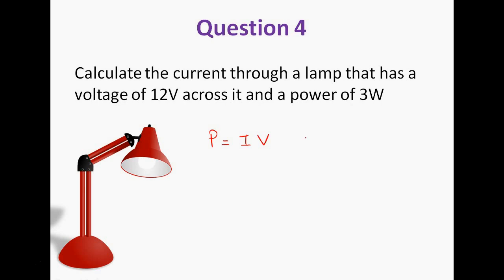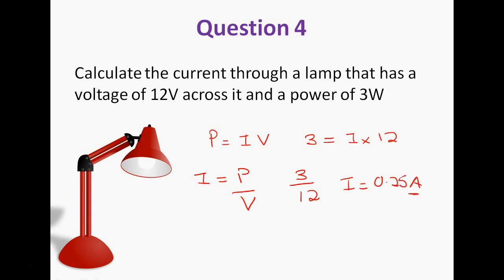So for example, this would be 3 watts is the current times 12, or we could rearrange it to give the current is the power divided by the voltage, because the current is multiplied by the voltage, so in order to get the current by itself we need to divide both sides by V. And so in that case, if we slot in the numbers, we get 3 divided by 12, and so the current is 0.25 amps. Don't forget that unit.